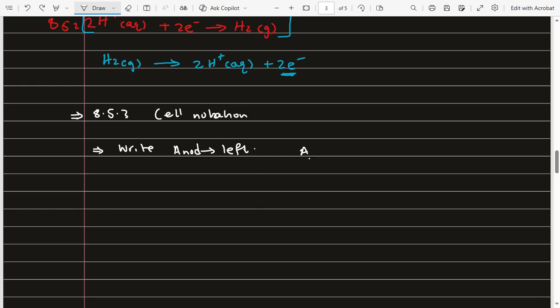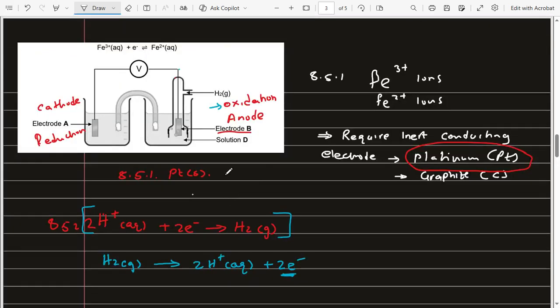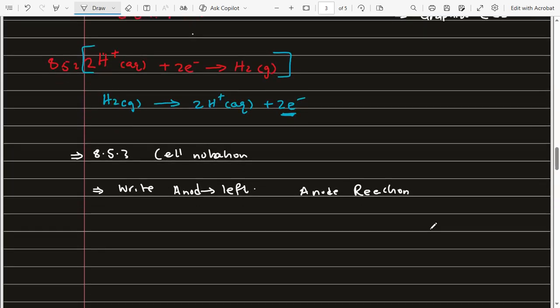If you still remember, the anode reaction was a reaction at electrode B. So the anode reaction we said is going to be the one that we reversed, the one happening at the anode, which is H2 in gas state, and this forms 2H plus in aqueous solution, plus 2e minus. Okay, so that is the anode reaction, right?